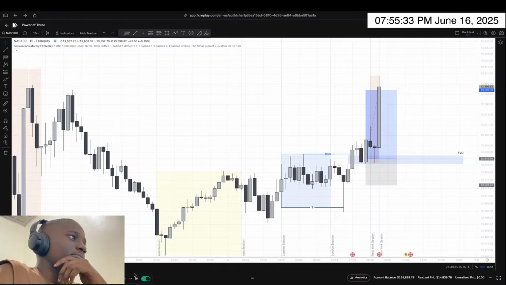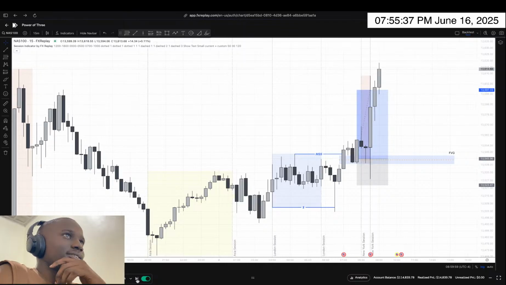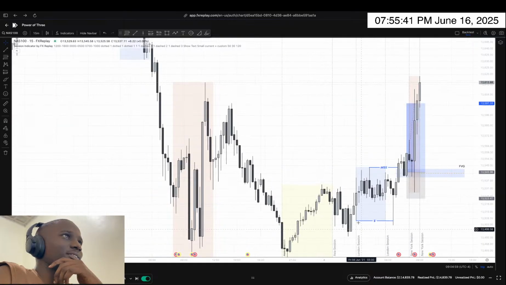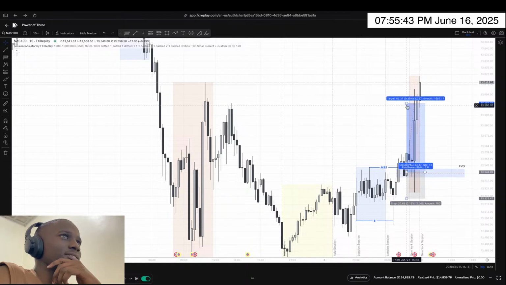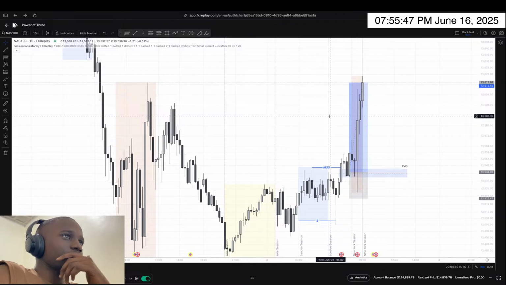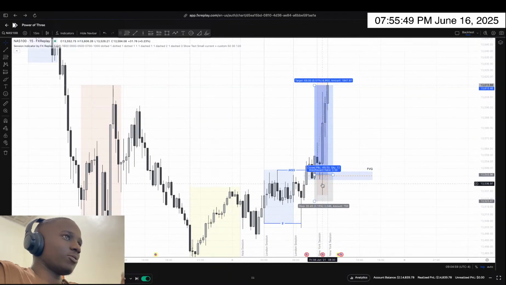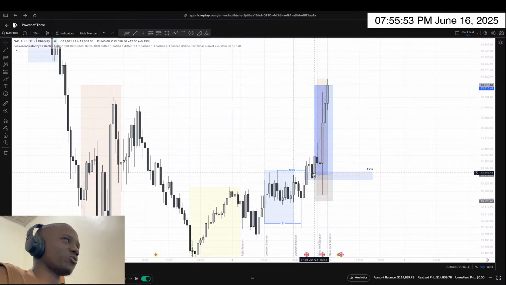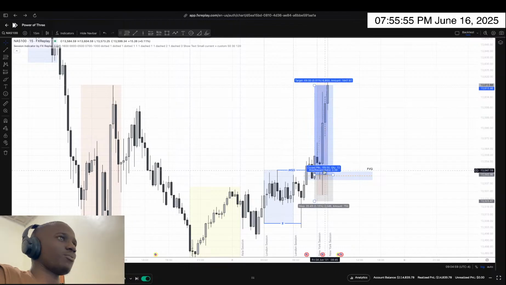Going on the 5-minute. Let's see how the day moves on. After hitting take profit, you can see it also continues to take out this high, the one that you would hold for, even though you would have been stopped out, because obviously when you take partials, you move your stop loss to break even, and you can see that we hit it.